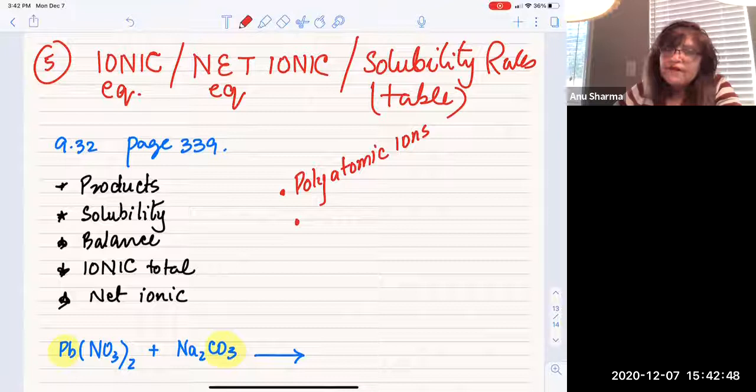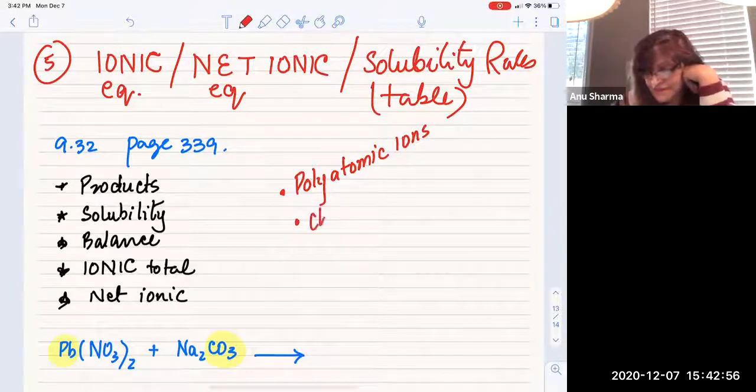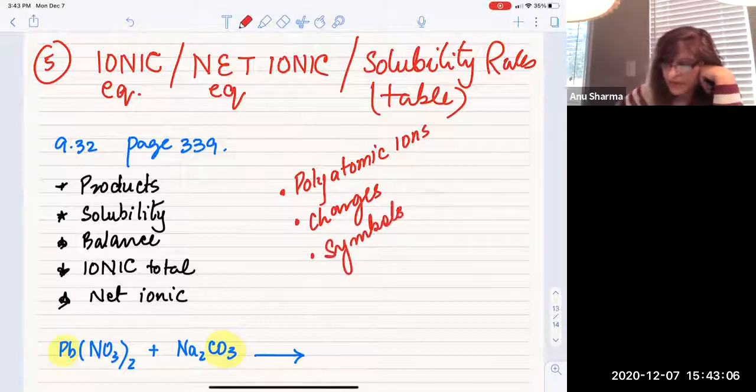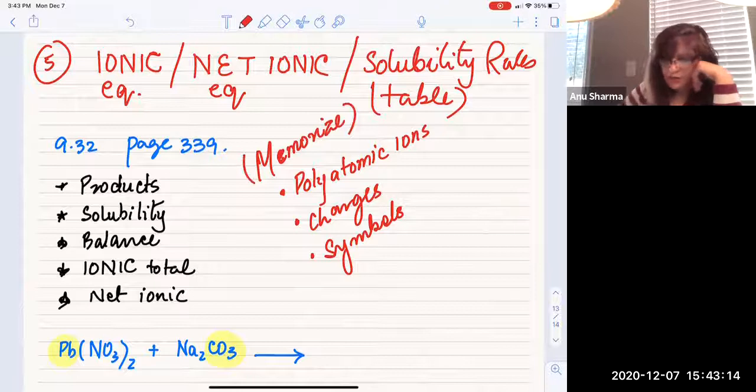I asked you to memorize all the symbols, polyatomic ions, and charges. You should know that by this time. At least you know that. Very important. If you have forgotten, just go back and review. I'm going to still emphasize this: you need to memorize this.